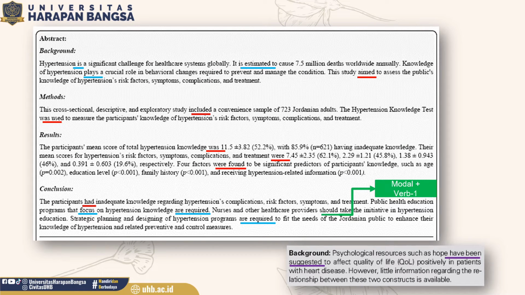Now see the examples. The blue lines show simple present tense. Then the red lines show simple past tense. Active and passive, nominal and also verbal sentence.